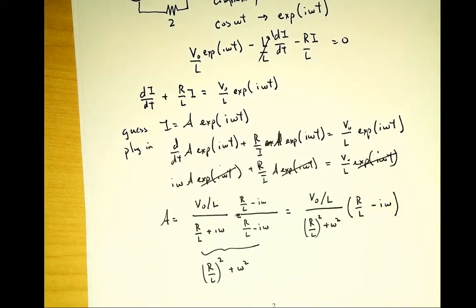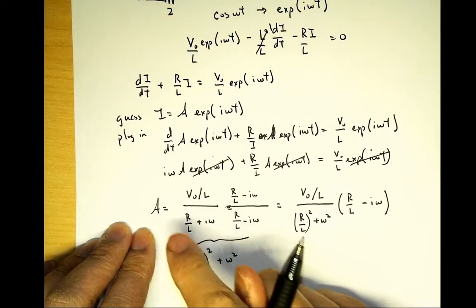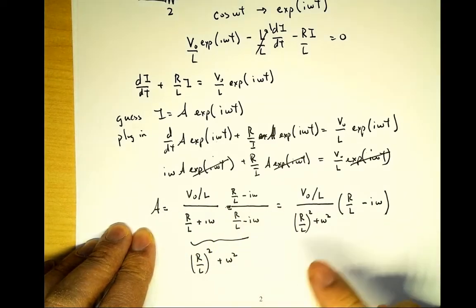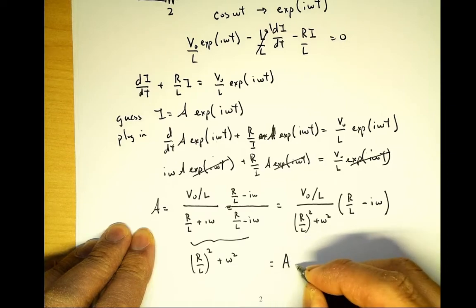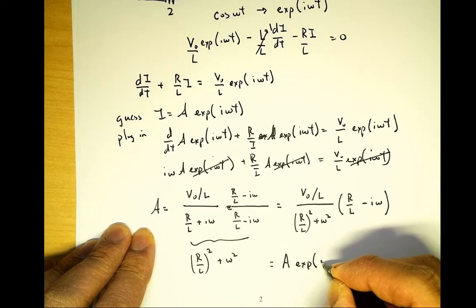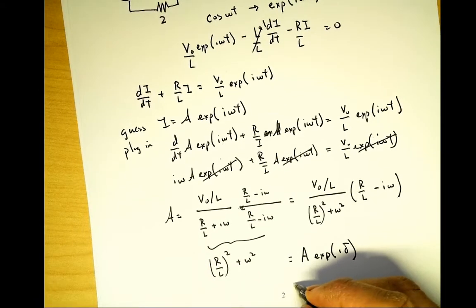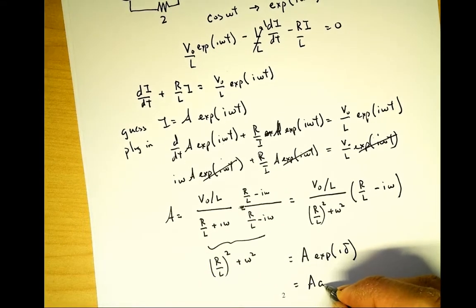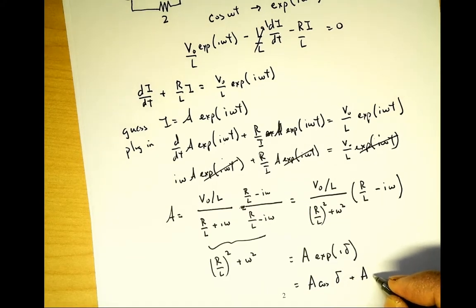And so this is A, and this is a complex number. And so you could rewrite this as some A e to the I delta, which you can think of as A cosine of delta plus I A sine of delta.